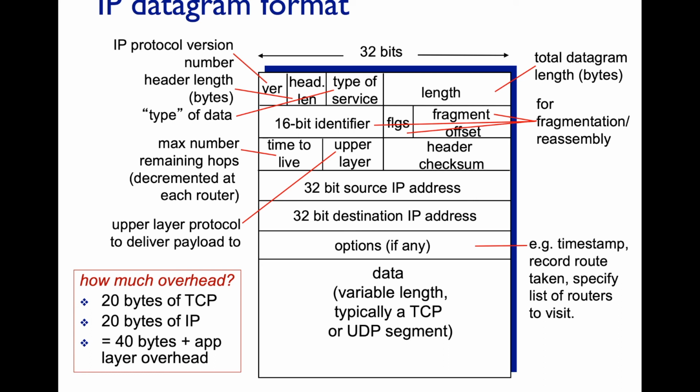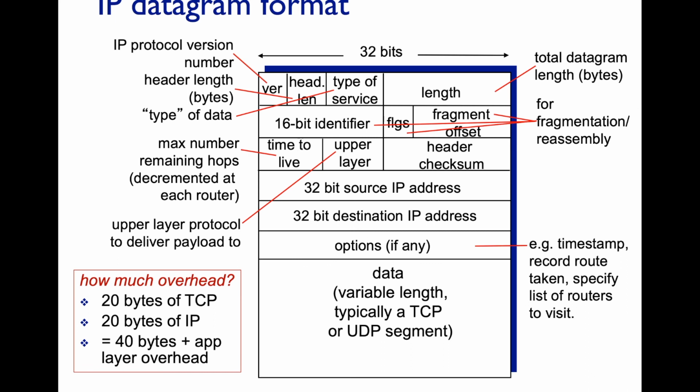And so if we look at how many bytes correspond to the network layer header and how many to the transport layer header, you have 20 bytes for TCP that corresponds to transport layer header information, and then you have another 20 bytes that corresponds to all of the network layer header information.